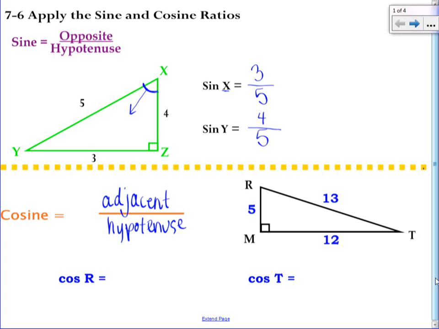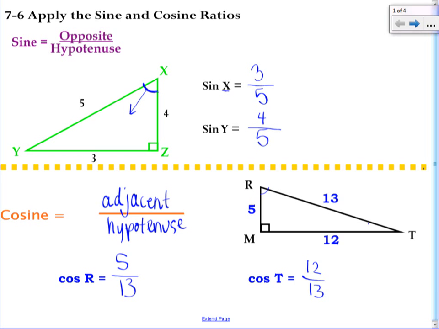So looking at our picture here, if we're looking at cosine r, we're looking at this angle up here, we want adjacent. What's adjacent to that? And the hypotenuse, 13. If we're looking at angle T over here on the right, adjacent is, hypotenuse, 13.